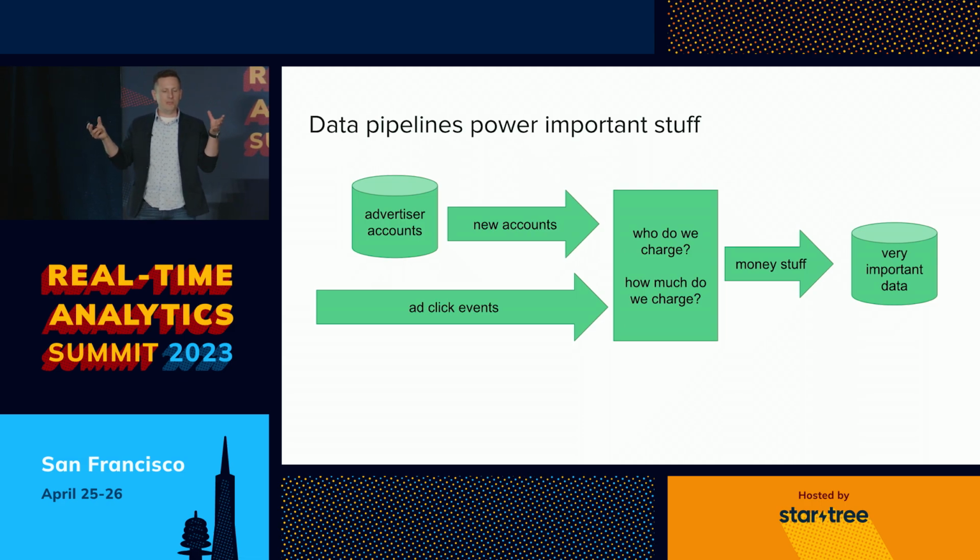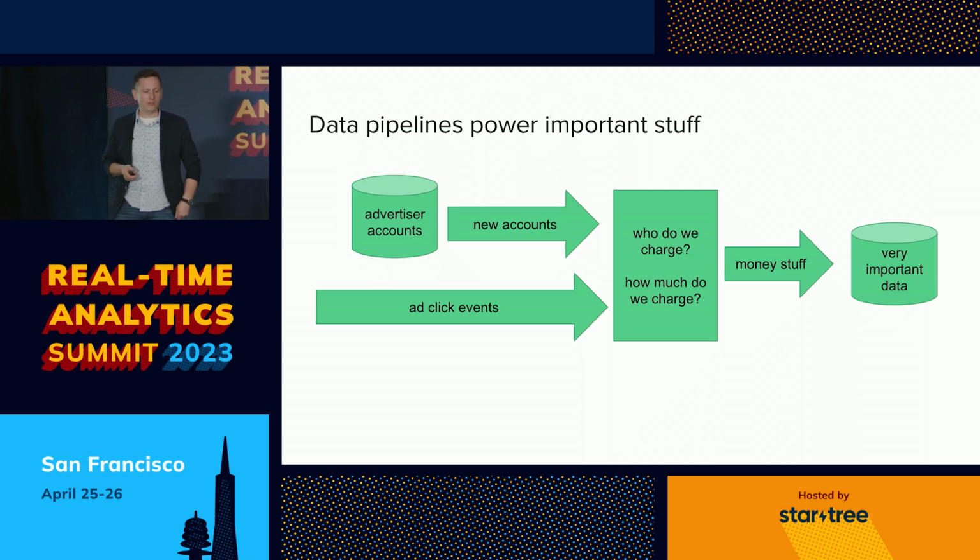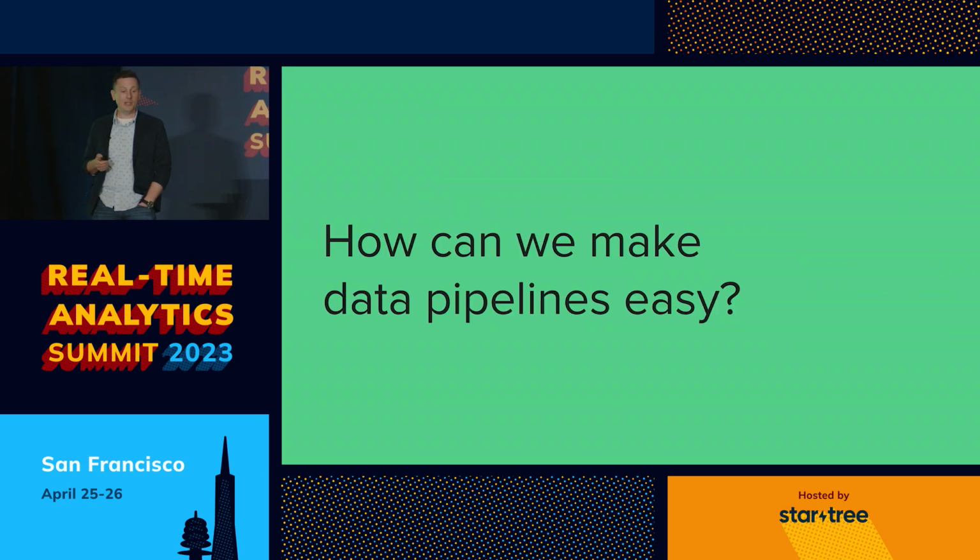So we could potentially build business-critical things just within the scope of data pipelines. So it's not just about moving data, it can be your whole business, which is pretty interesting. And also, notice there's no microservices, there's no REST APIs. We're just writing Flink jobs, which is potentially really powerful.